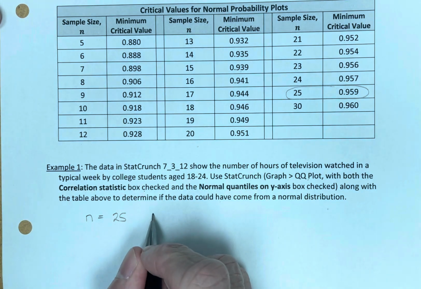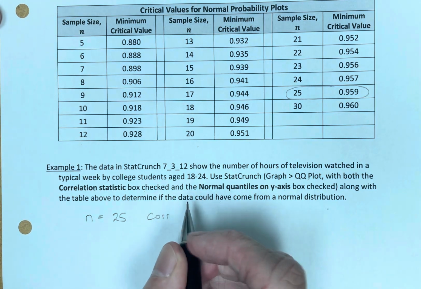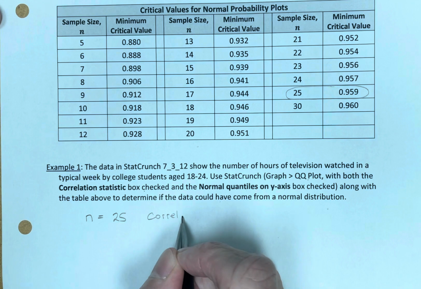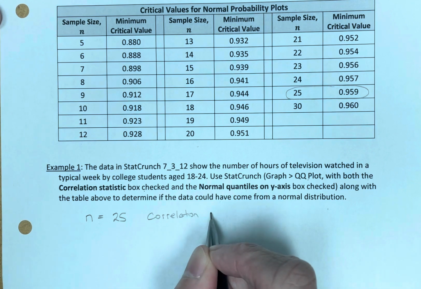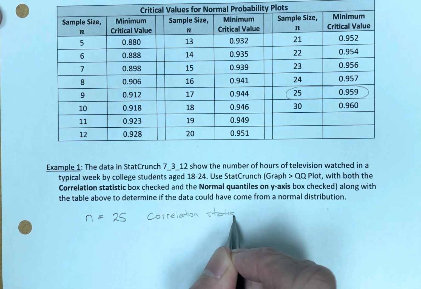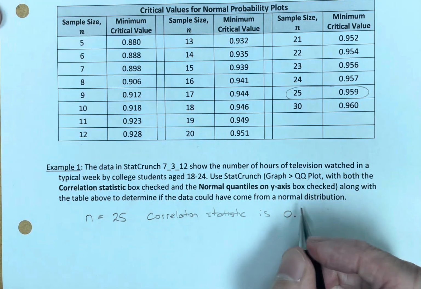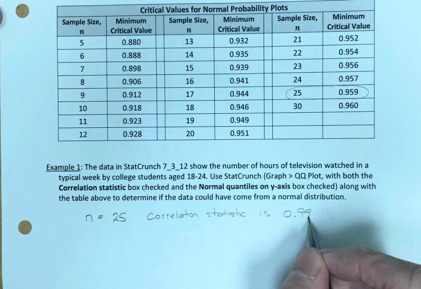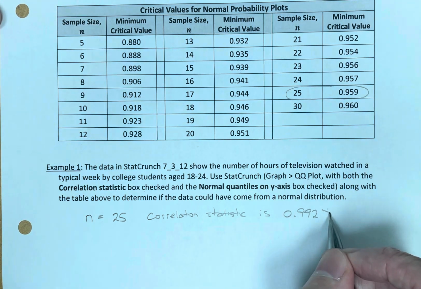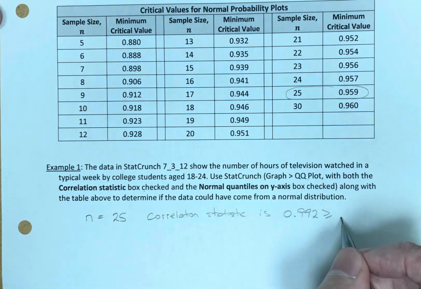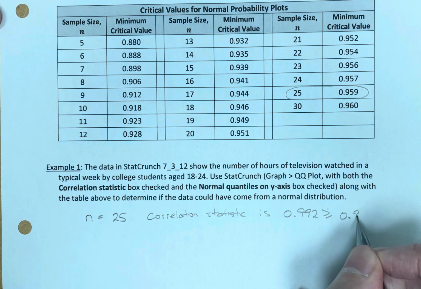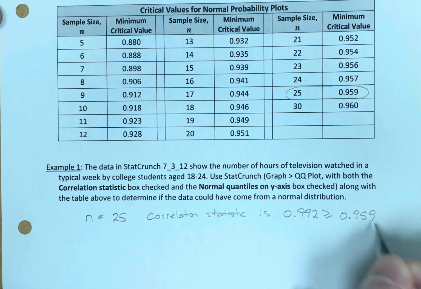Well, our correlation statistic is 0.992, and that is certainly greater than or equal to 0.959.